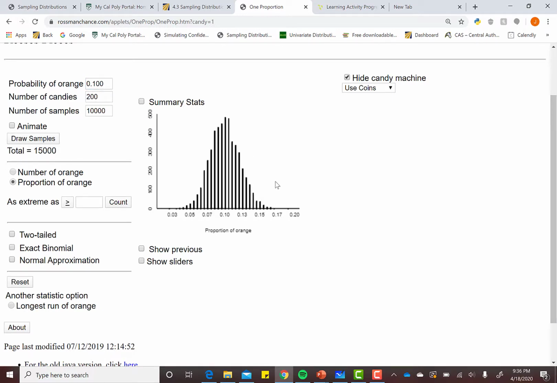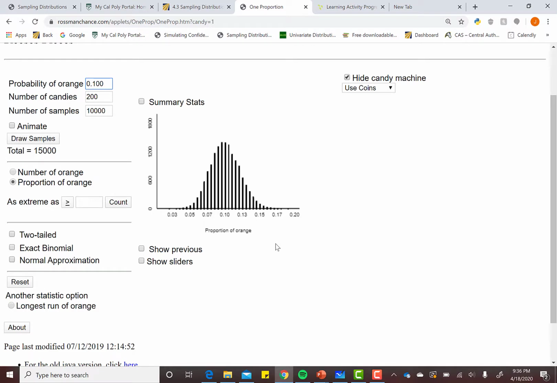This graph right here is called the distribution of sample proportions because every single observation in this graph was a sample proportion. On top of that, the center of our distribution is the exact value of our population proportion. The mean of the distribution of your sample proportions, of your p-hats, is the exact value as your population proportion. Those two values are exactly the same.